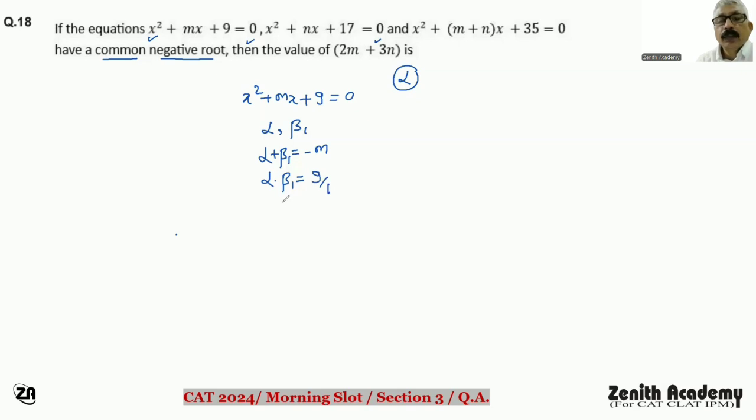Right? So from this, beta 1 is 9 upon alpha. So one root is alpha and the other root is 9 by alpha.